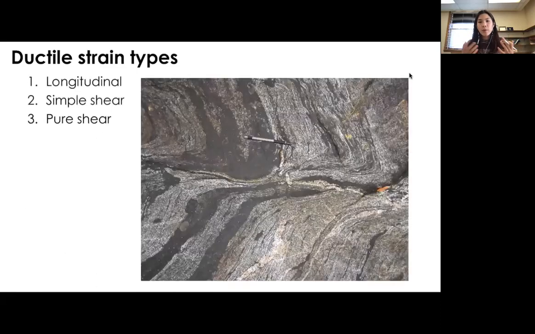All right, so when we look at rocks, we're often going to see things that look like this example here. Can you identify what type of shear or what type of stress this is? It may help to first trace out the layers. So here we'll trace out what some of these layers are doing.